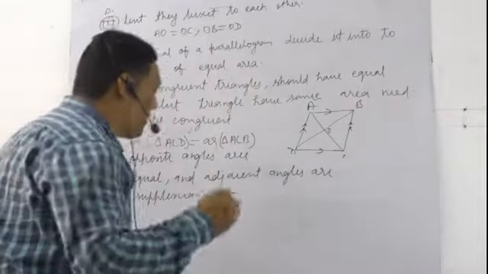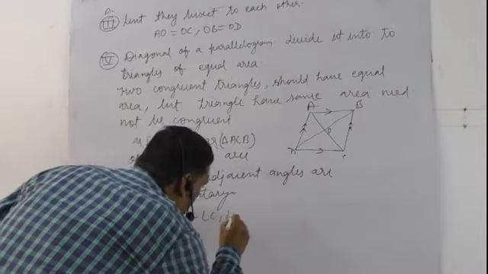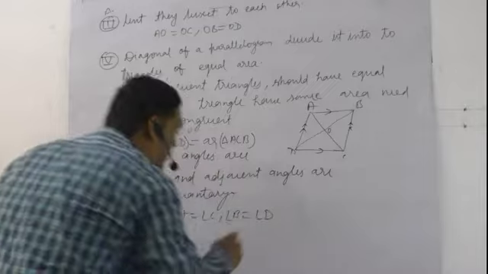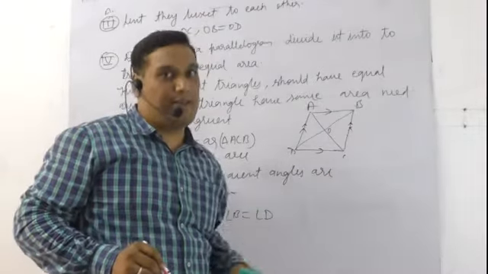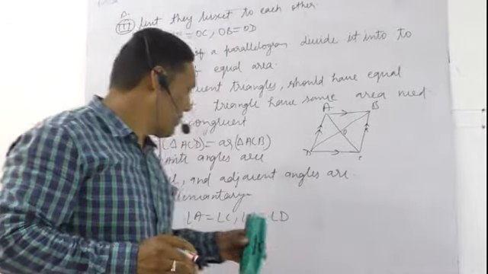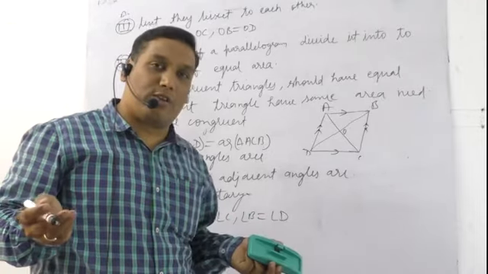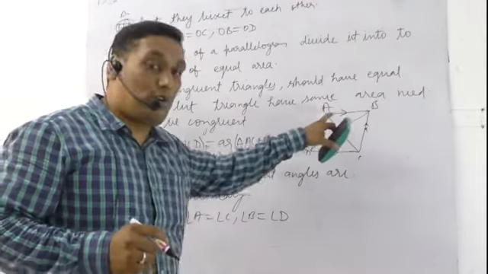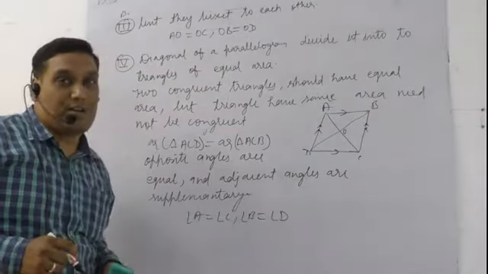मैं थोड़ा सा ये और बता देता हूँ आपको. Angle A is equal to angle C, angle B is equal to angle D. They both should be equal. Angle A angle C के इक्वल होना चाहिए, angle B angle D के इक्वल होना चाहिए. ठीक, और एक चीज और है, adjacent angles are supplementary.